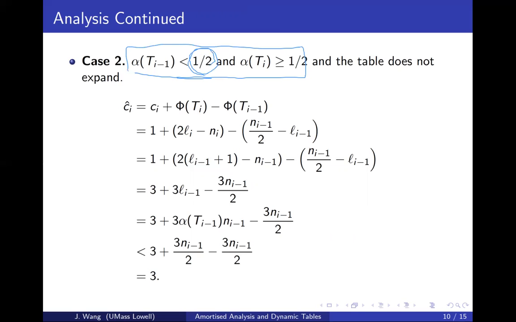Because when this is equal to 1, then you've got to expand the table, right? So when the load factor of this insertion becomes 1, then you've got to expand. So that means that alpha of Ti is not equal to 1. So this is still less than 1, which means the table does not expand.